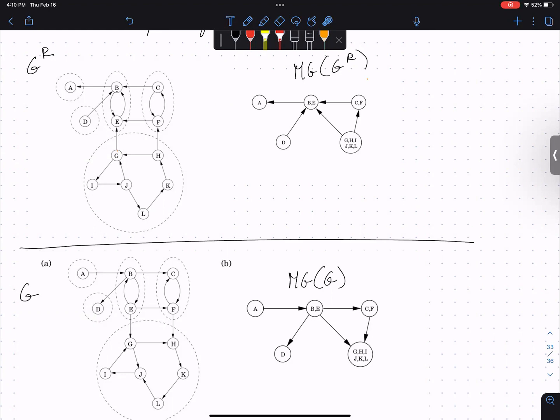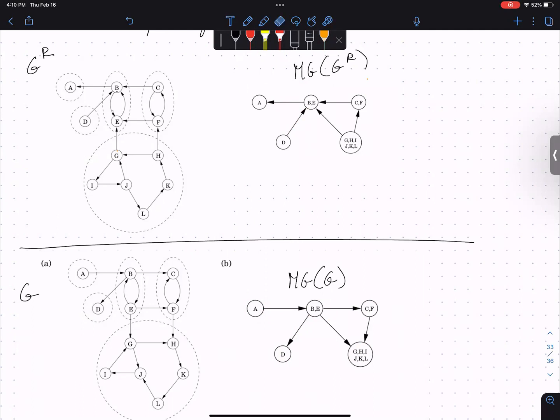The connectivity doesn't change. So that means the vertices are the same in this graph as they are in this graph. What about the edges? If you notice, the edges change direction. That's, again, something that just follows from how we've done the reverse.